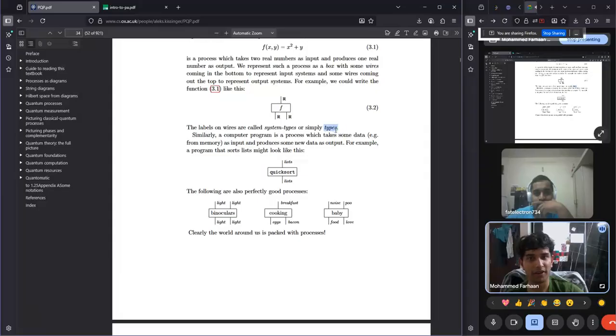A small comment: there is a field called type theory that is very important in computer science, especially in a subfield called functional programming.